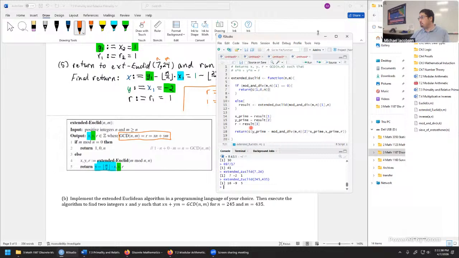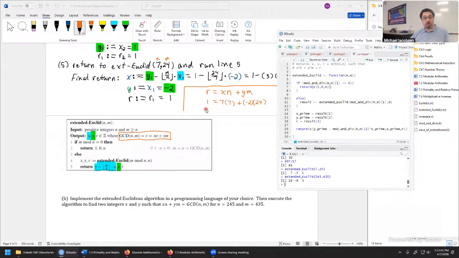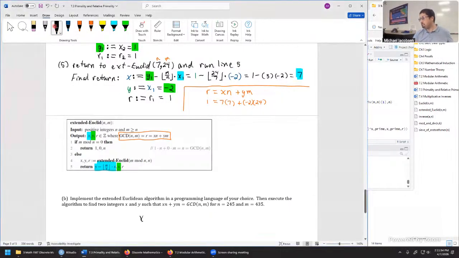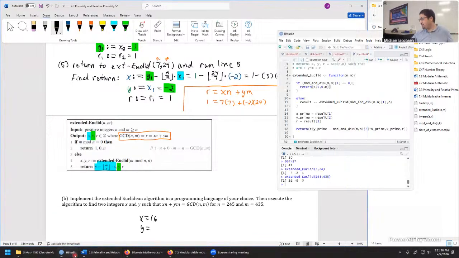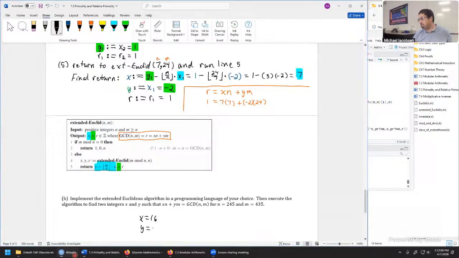Put these all together in a check just like on this one, and we found values that are multiples of n and m that return the greatest common divisor. So we can say here, x is 16, y equals, I forgot already, -9, r is 5.